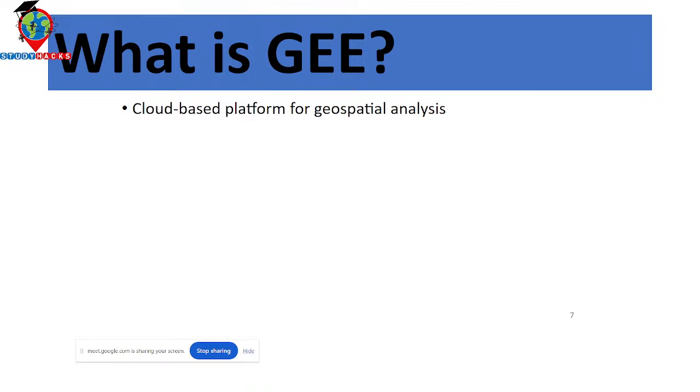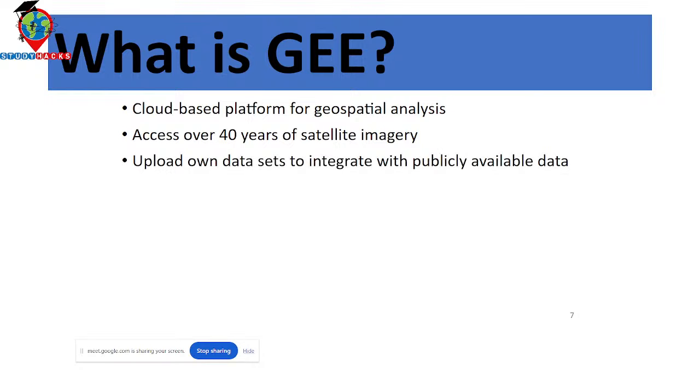So Google Earth Engine has its own server, and on this server we can easily access over 40 years of satellite imagery. So a lot of satellite images we can easily access from this server. It can be Landsat, Sentinel, MODIS, or other different types of satellite imagery. And you can easily upload your own dataset to the Google Earth Engine platform.